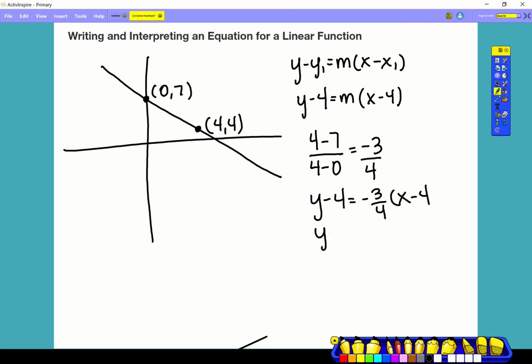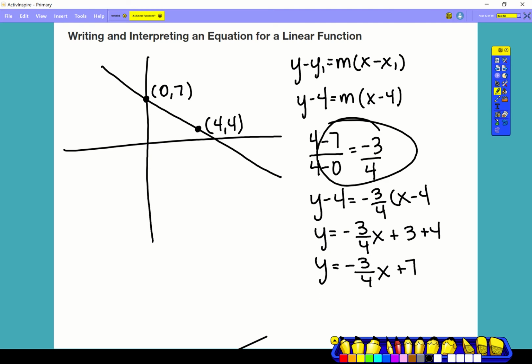That gives us y equals negative 3 over 4x plus, and the 4's will cancel, 3. And then we have to add that 4 over, so it's y equals negative 3 divided by 4x plus 7.